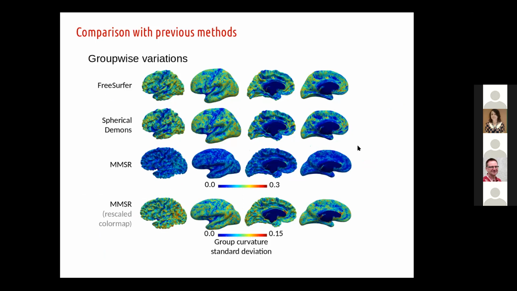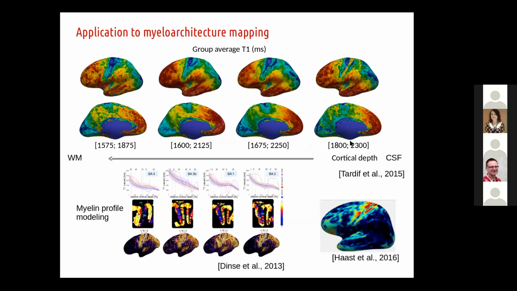And that is important for neuroscientists in the end, because then we can do things like this, taking those two different projects we had before, the one about layering and the one about registration. We can start making group averages of the T1 relaxation time, which represent myelin content in the brain at different depths.